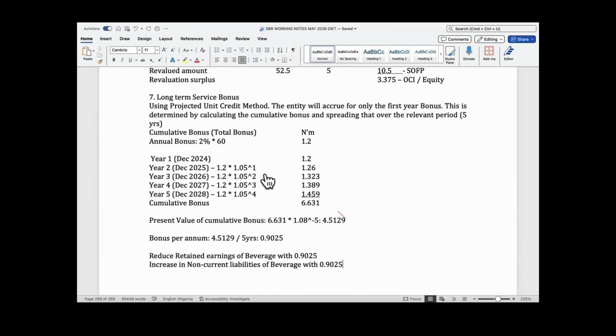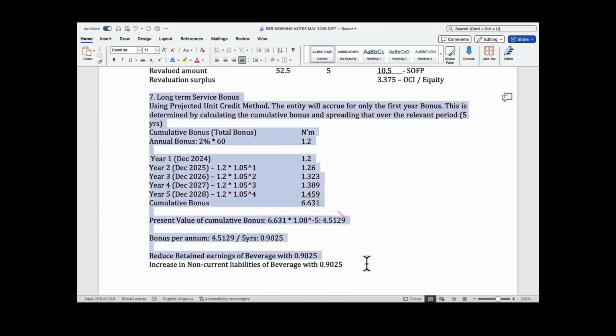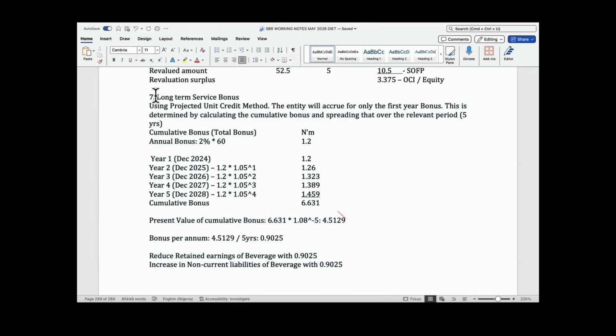That calculation of the long-term bonus scheme, yeah, it gives almost 3.75 marks, like 4 marks. These workings alone give you 4 marks. So if you don't get the final answer, at least you show some level of knowledge. You show that you understand how the long-term service award works, or when you have a defined benefit. This is like a defined benefits plan.